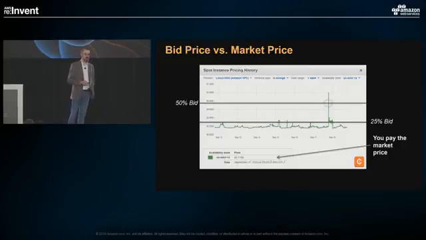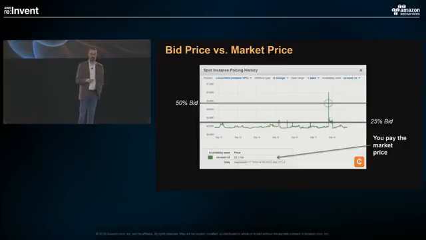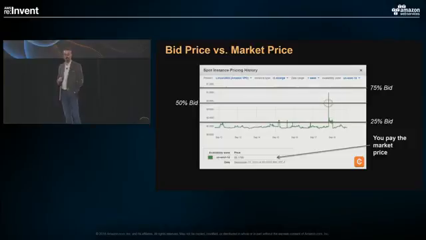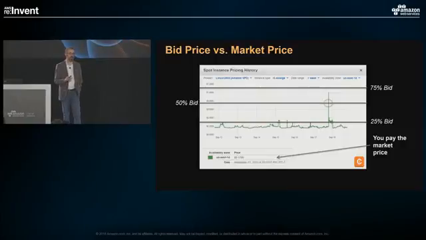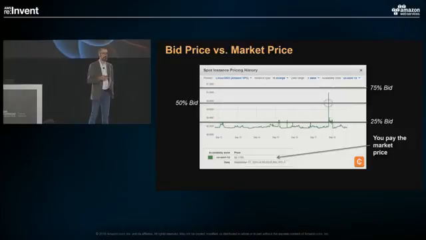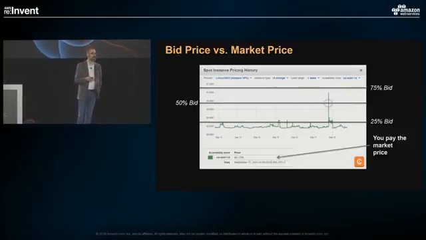If we raise that bid and we say, all right, let's make it a 50% bid, we only got interrupted once in that whole time. If we set our bid to 75%, we didn't get interrupted at all, and we still saved a tremendous amount of money because we're only paying what the market price is, not our bid price, for this whole time.